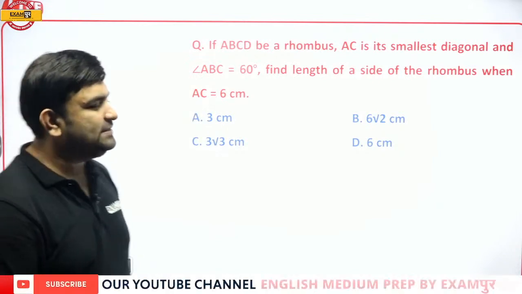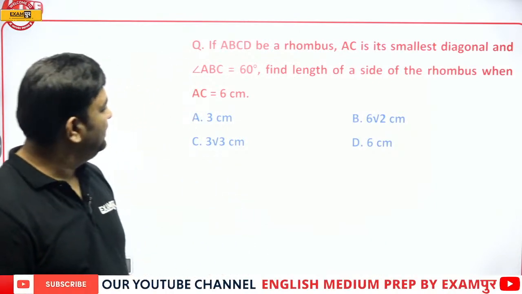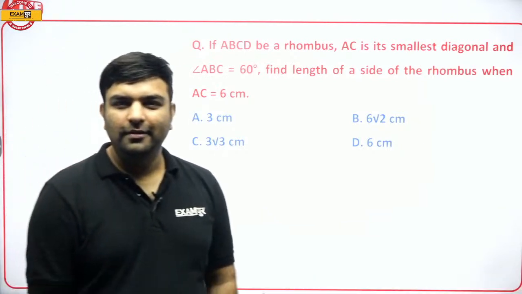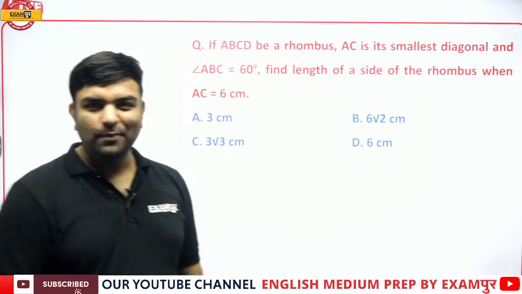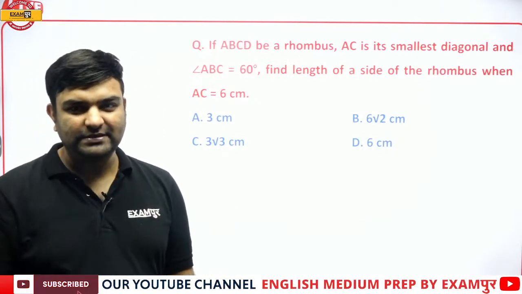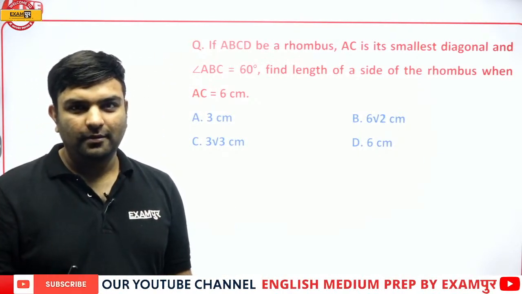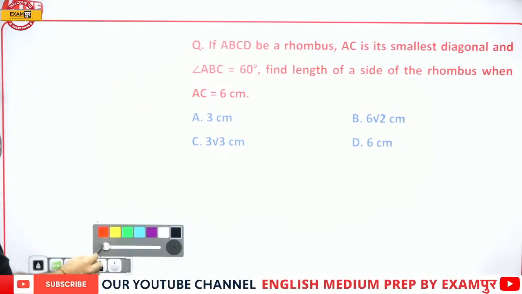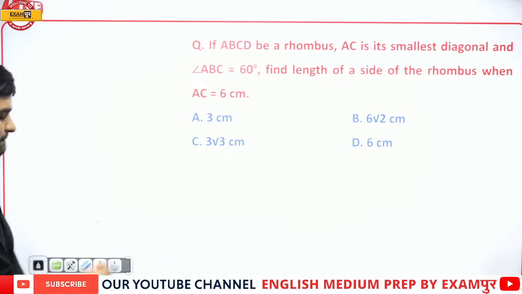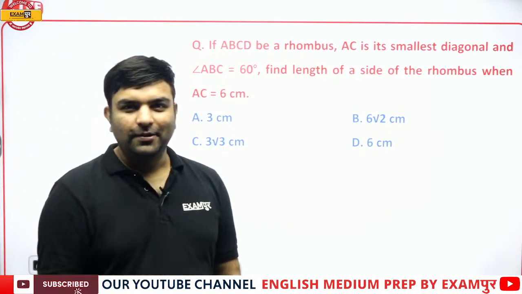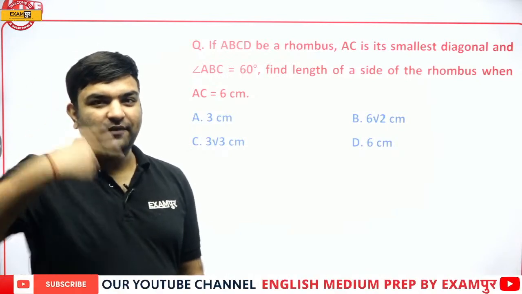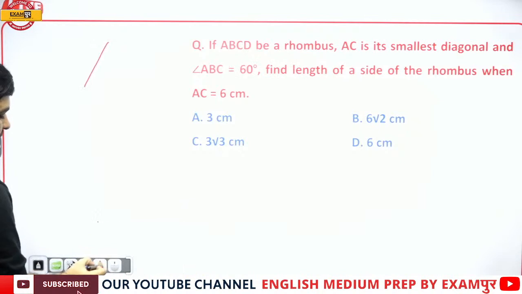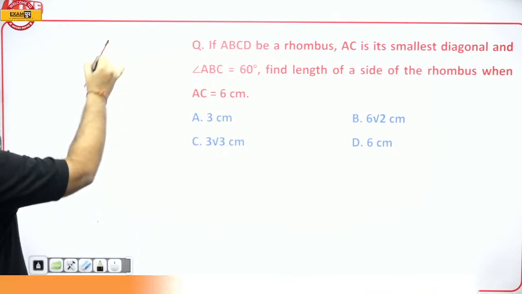ABCD is a rhombus. AC is the smallest diagonal. I think we might have done a question like this previously. Okay, homework done, so I will discuss it fast.